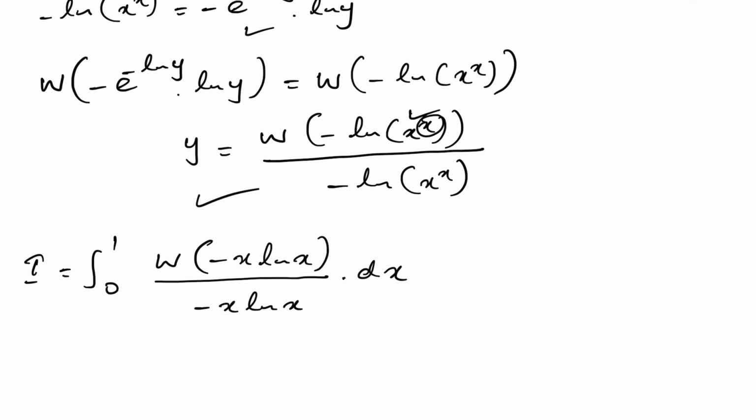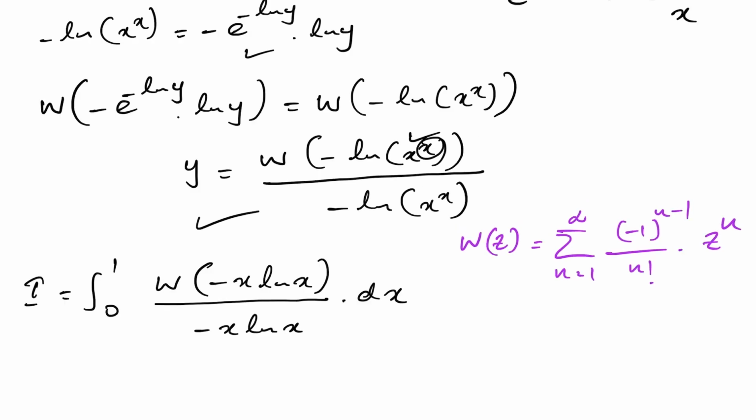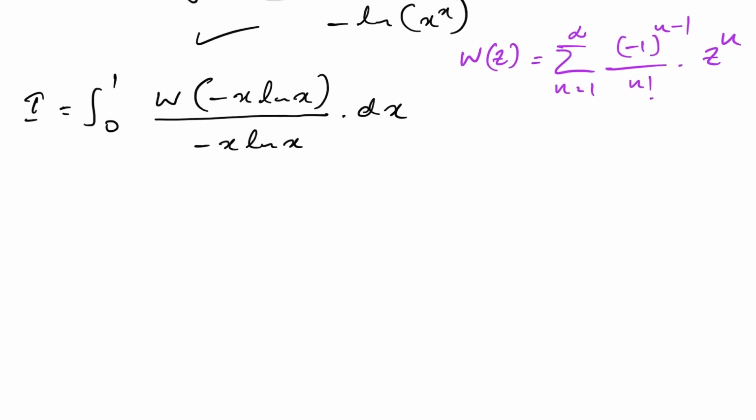Well, then I think you know about the series representation of the Lambert W function. W of z is equal to the infinite series, n equals 1 to infinity, minus 1 to the n minus 1 over n factorial times z to the n. So therefore we can write our integral as the integral from 0 to 1 of the sum of n equals 1 to infinity.